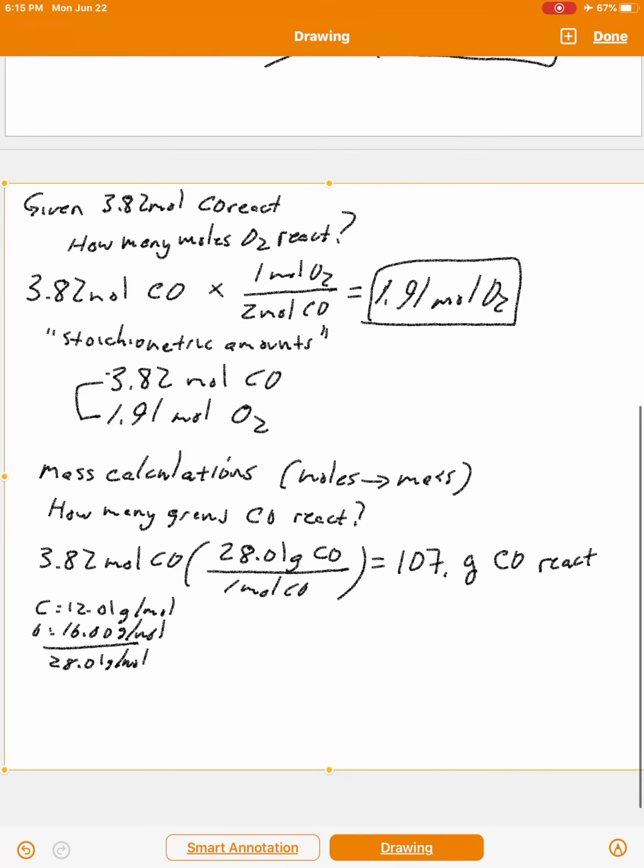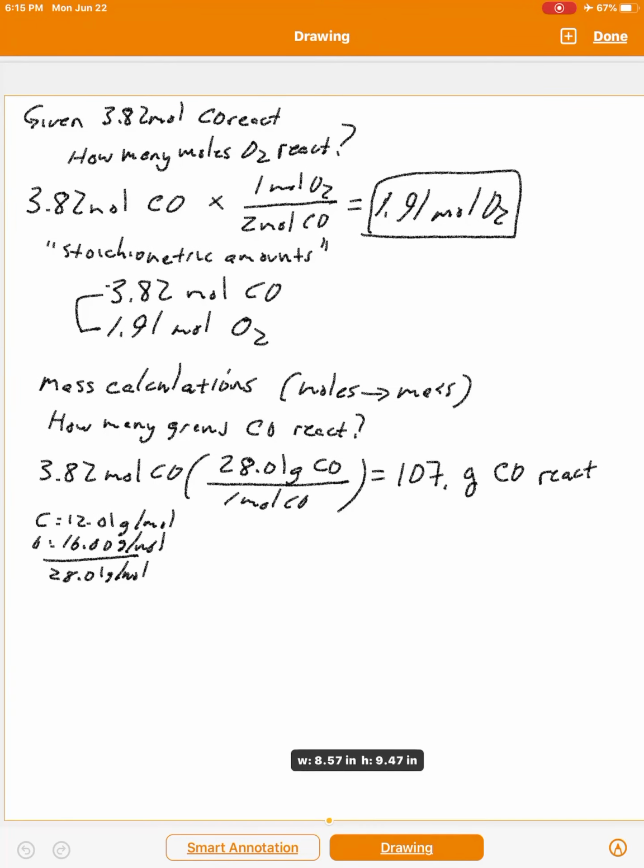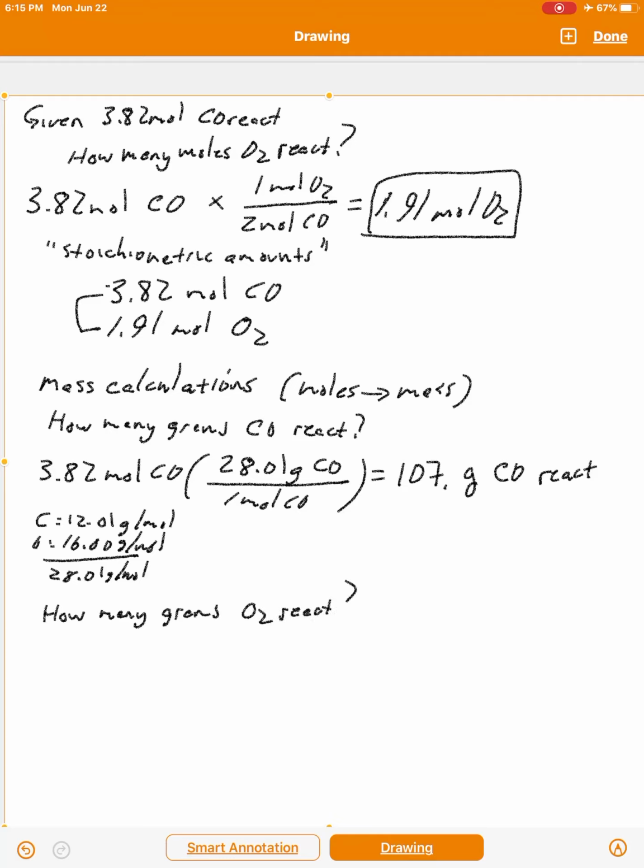Okay, but what about the O2? How many grams of O2 would have reacted? Well, O2. So you say, okay, 1.91 moles of it reacted. How much does O2 weigh? 32 grams per mole. Let me be a little bit more formal about that.